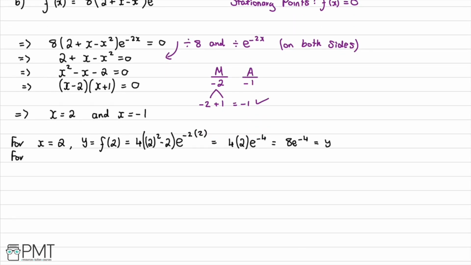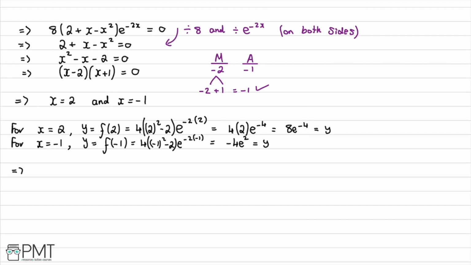Then for x equals minus 1, we'll do the same. y is going to equal f of minus 1, which is 4 lots of minus 1 squared, then we subtract 2 and multiply that by e to the negative 2 times negative 1. This is equal to 4 lots of negative 1, which is negative 4e to the power of 2, and that's equal to y also.